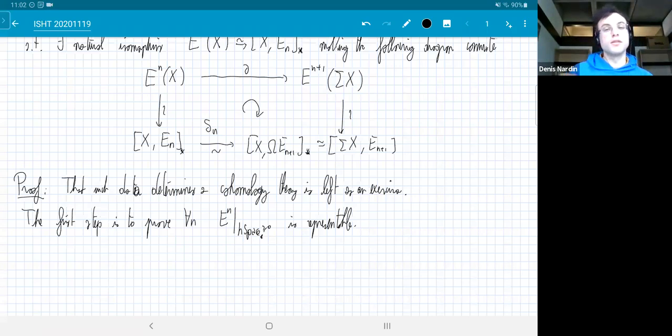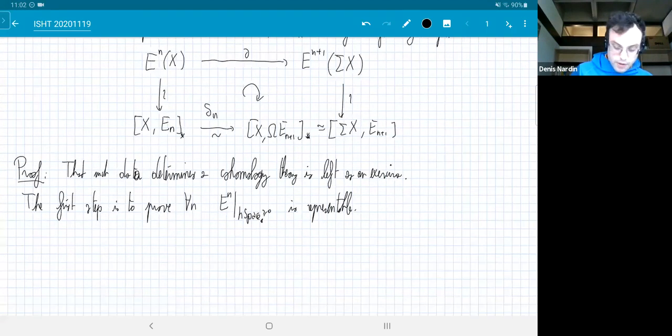So we don't want it to be representable for every space, but let us first show that it satisfies the hypothesis of the Brown representability theorem.